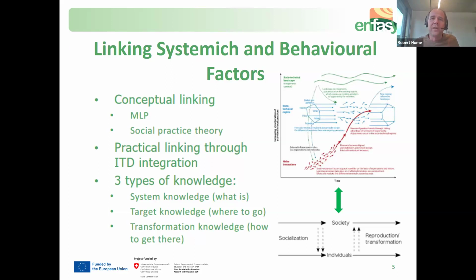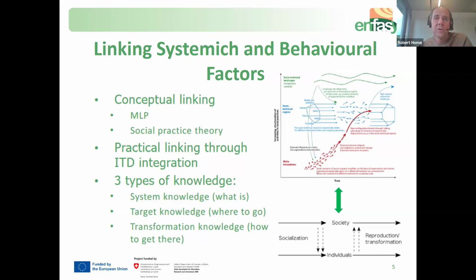And indeed, this three types of knowledge comes from the transdisciplinary way of thinking. The system knowledge allows us to work in our disciplinary traditions and come up with some kind of comparable meeting point from the disciplines that we bring.